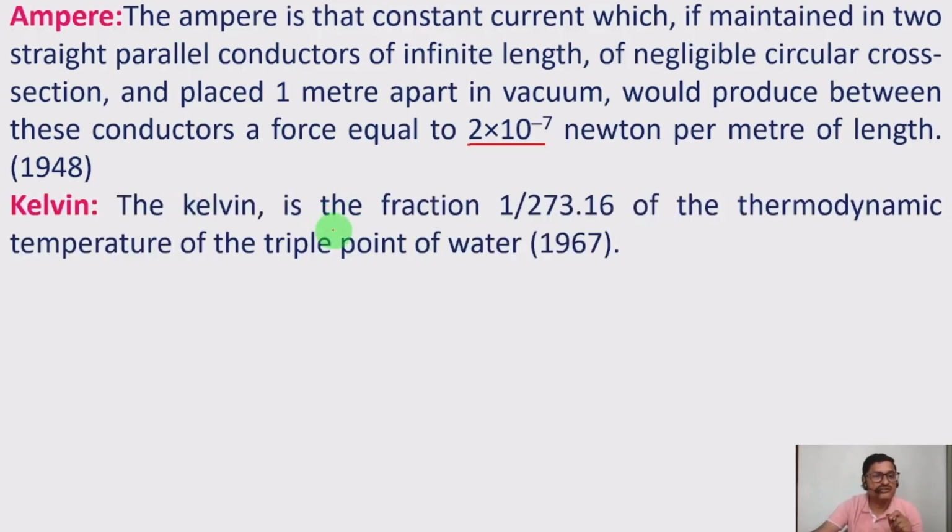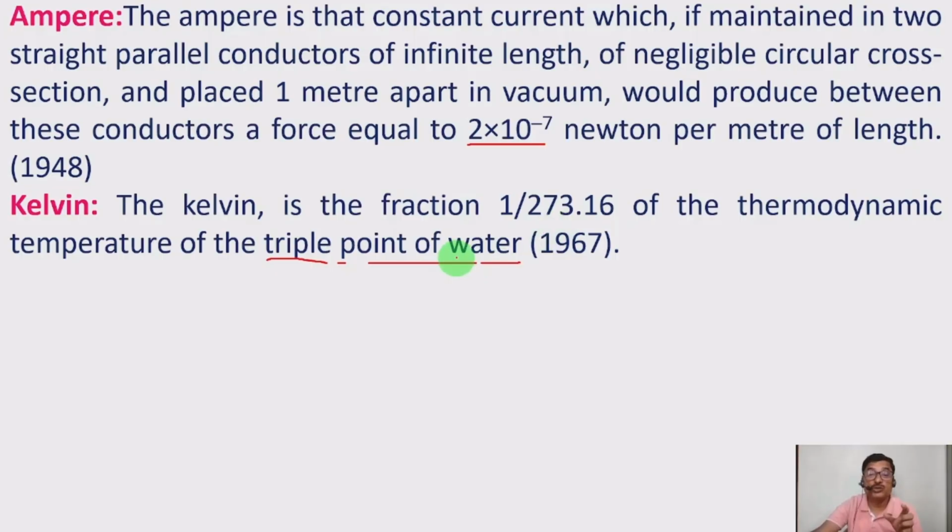Kelvin is the unit of temperature in SI. The Kelvin is the fraction 1 by 273.16 of the thermodynamic temperature of the triple point of water. The triple point of water is the point at which all three phases of water coexist in equilibrium, that is, solid ice, liquid water, and water vapor.